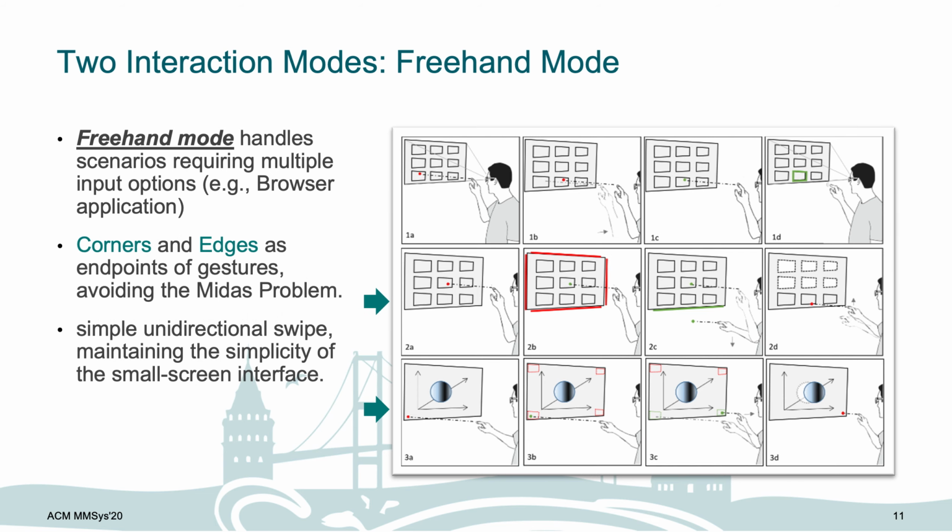And also we use the corner and edge as a strategy to record some predefined gestures. Because in mid-air we cannot precisely define where the endpoint of the gesture is, this problem is named the Midas problem. So for the edge case, first we ask the user to point at the middle of the interface, then hold for 500 milliseconds, and then select an edge and swipe to the edge.